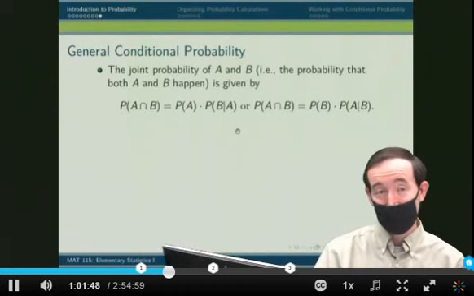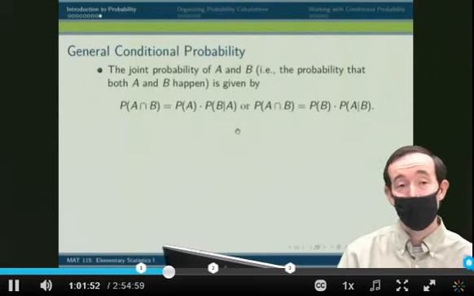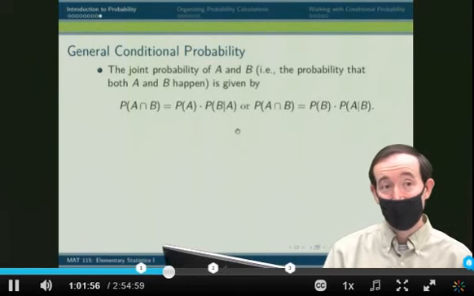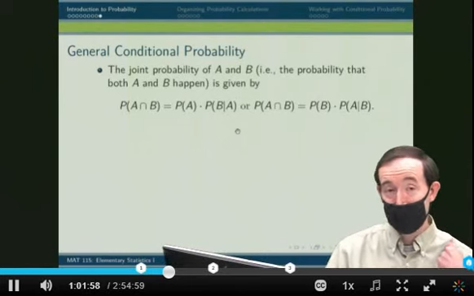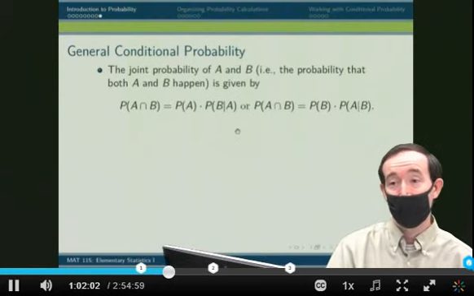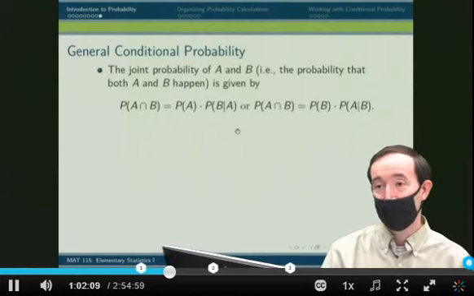Okay? If I wanted to find the probability that the die toss was both a prime and odd, what I could do is take the probability that it is a prime, which is 1/2, and multiply that by the probability that it is odd, given it is a prime. That would be 1/2 times 2/3, or 1/3.